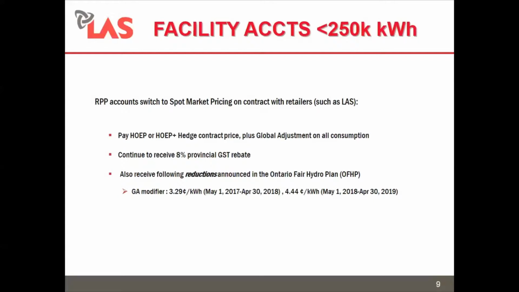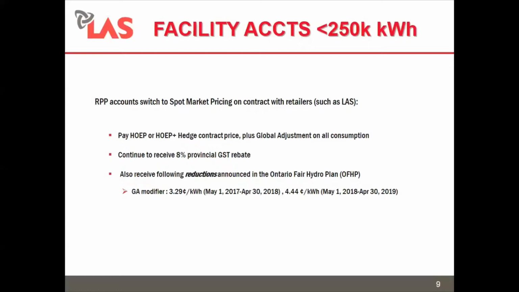Plus that, you will also receive the reduction coming from the Fair Hydro Plan. This one is called the GA modifier. This reduction, or say a line of credit, is good for 1 year, same as your RPP rate.